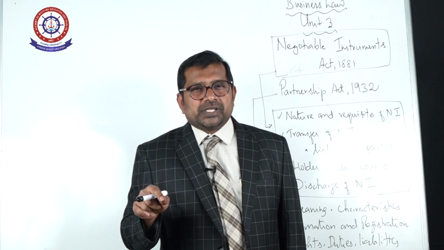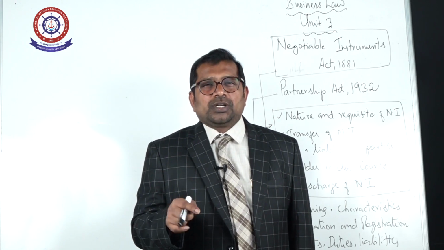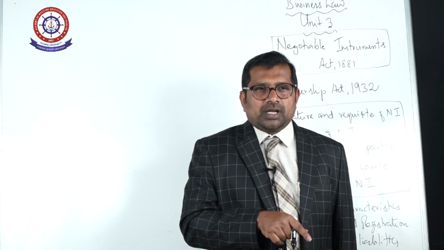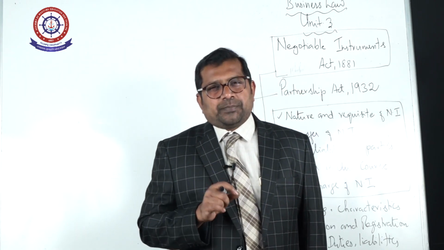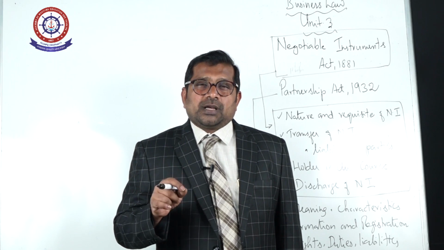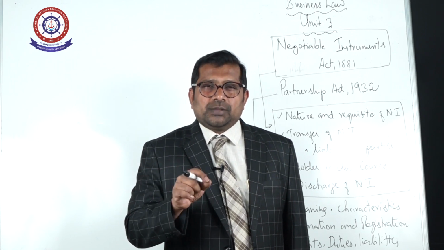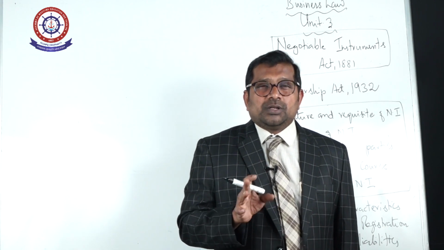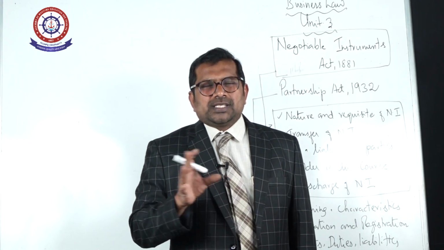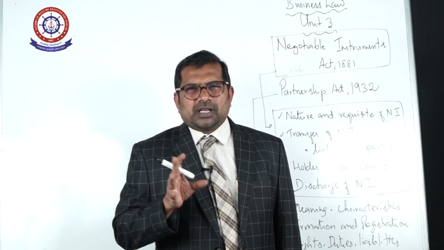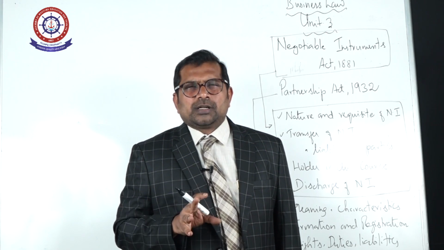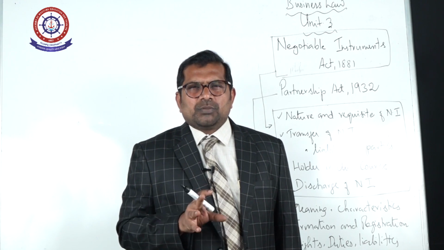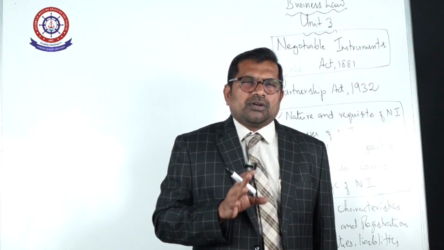Copies: only one copy is enough in the promissory note, but in case of a foreign bill, 3 copies are required. Last one is stamping. As I told, stamping is required in any case in the promissory note, but a bill of exchange payable on demand need not be stamped. So these are the points to be noted when understanding the difference between a promissory note as well as bills of exchange.